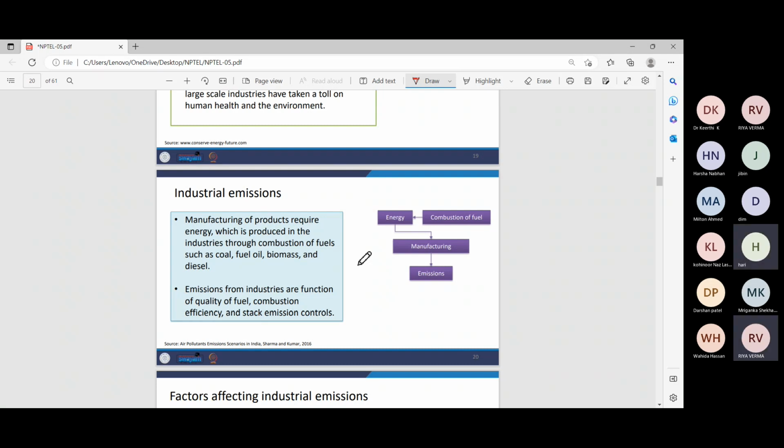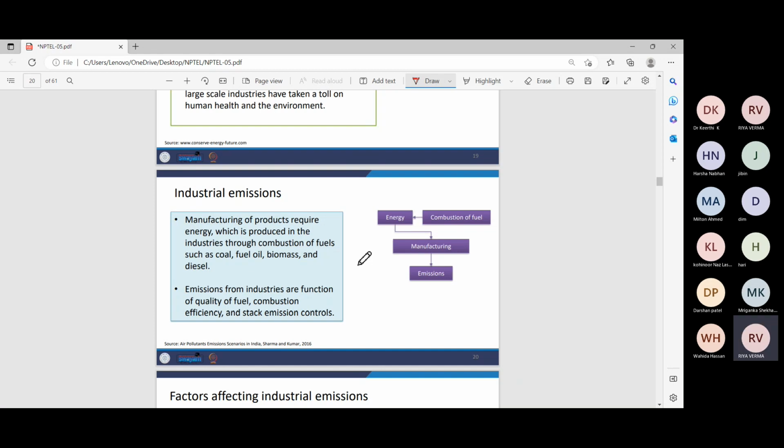What quality of fuel? What is its calorific value? If the calorific value of the fuel is high and it tends to burn properly, basically we don't have partial combustion, then the level of emissions will be comparatively lesser.